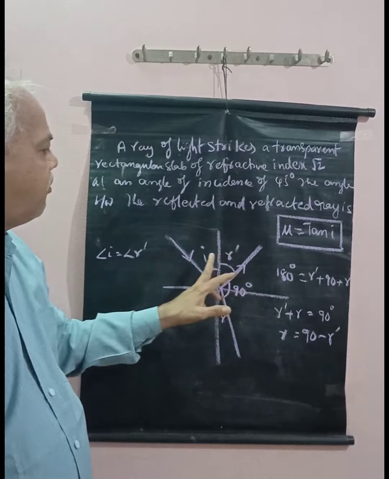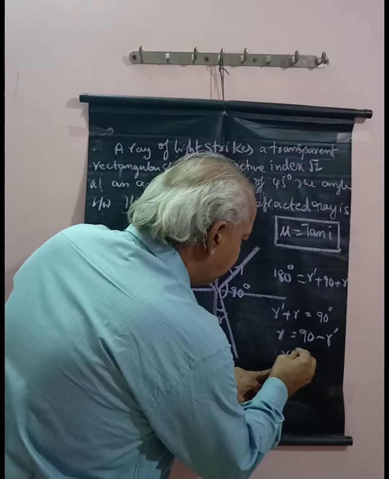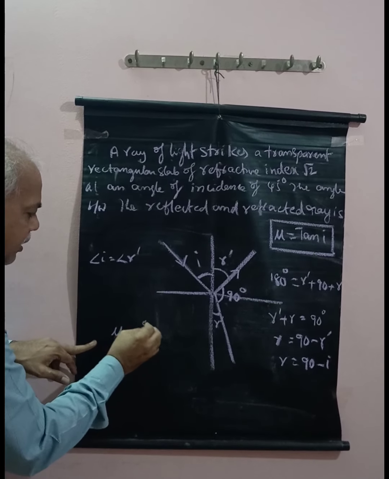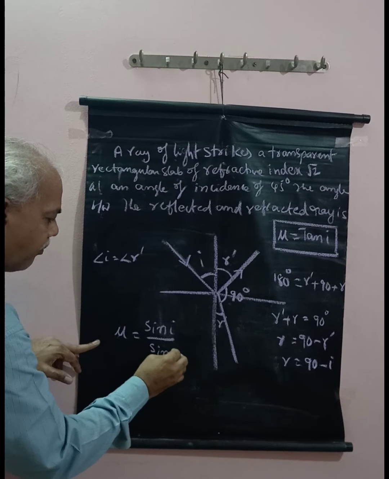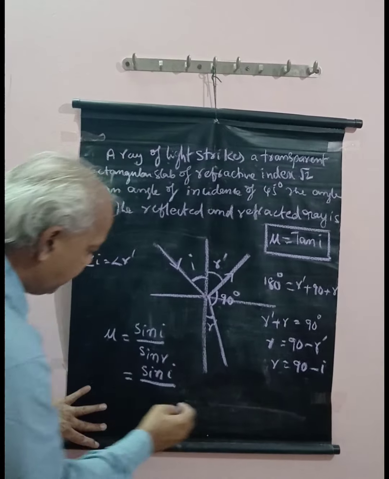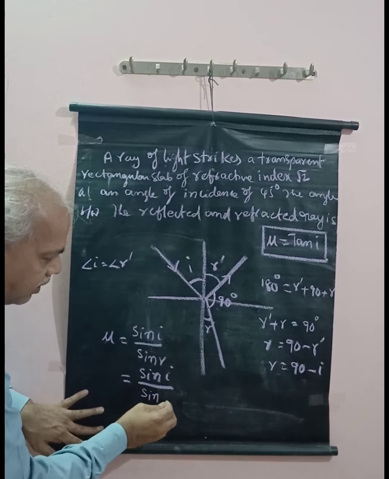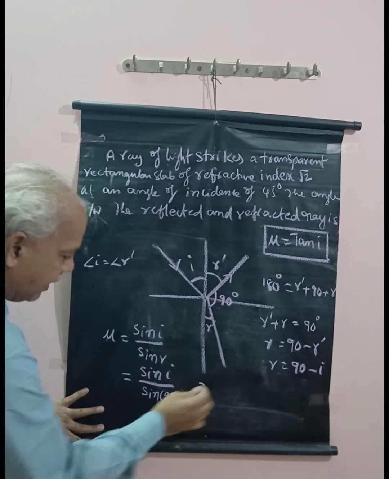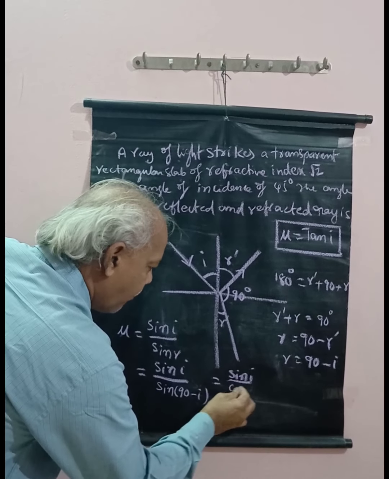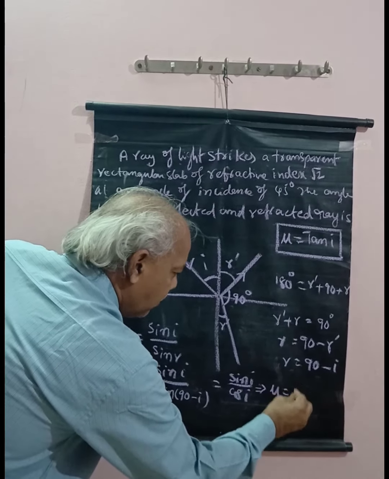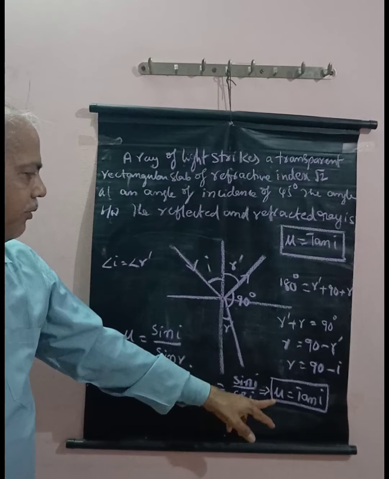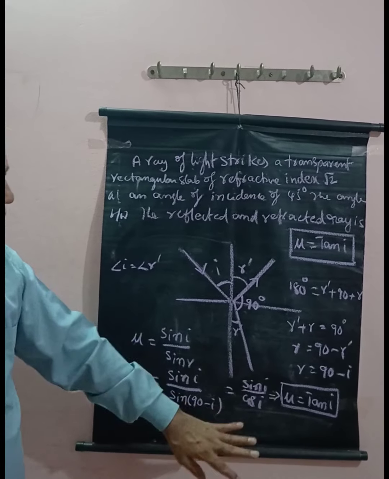So r = 90 − I. We have the relation refractive index μ = sin I/sin r. Substituting r = 90 − I, sin(90 − I) = cos I. So μ = sin I/cos I, that implies μ = tan I. It is the relation between the refractive index and the angle of incidence. It is called Brewster angle.